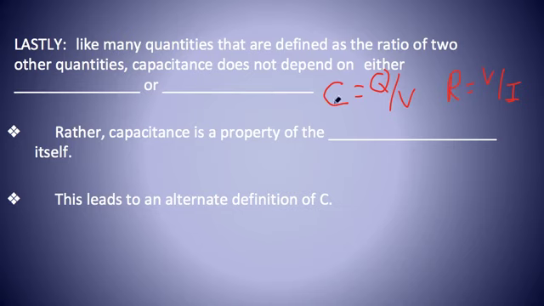We will see that capacitance, while it doesn't depend on charge or voltage, does depend on the properties of the capacitor itself. And this will lead to an alternate definition of C, which we're going to investigate in the next lesson.